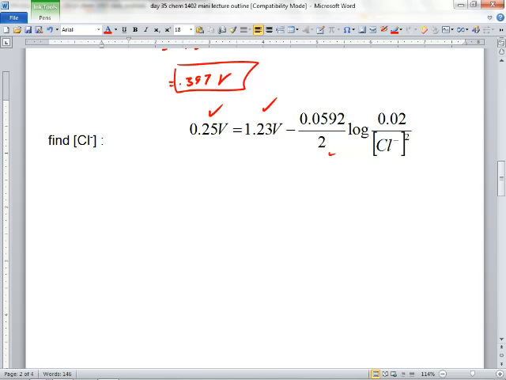Does everyone see where I'm coming from? So it's just going to be the question. You know everything, but that one concentration in the Q expression. Okay. What is the game plan to solve for this? Yes, Crystal. Why does it have chloride squared? Where am I getting that from?